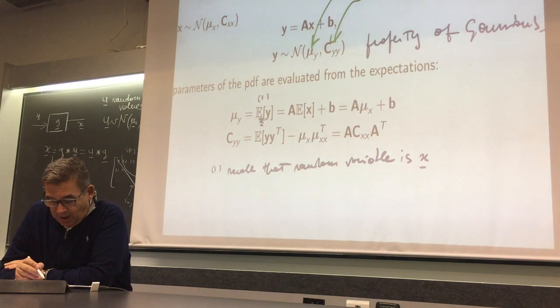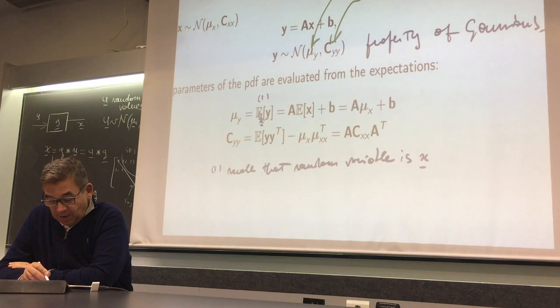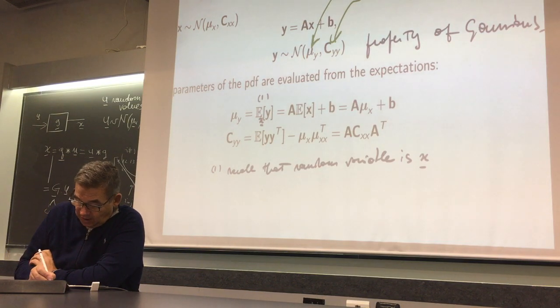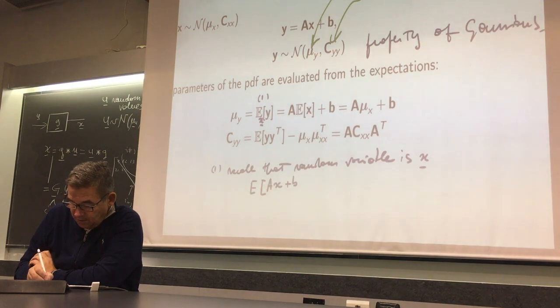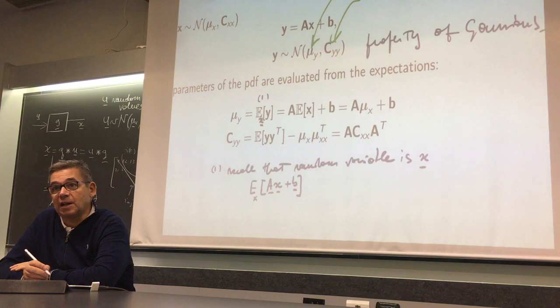So then I apply the expectation. The expectation is invariant for linear transformation. If I apply the expectation here, I need to apply the expectation of ax plus b. But since the expectation is with respect to x, the only random term is x.